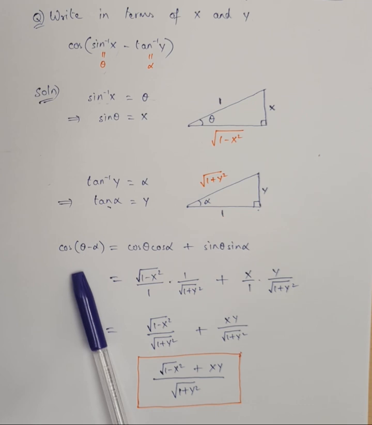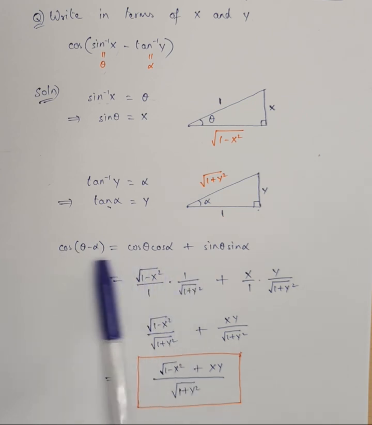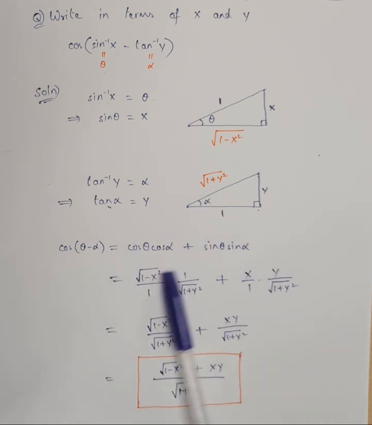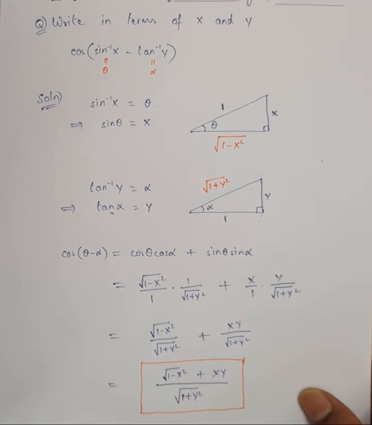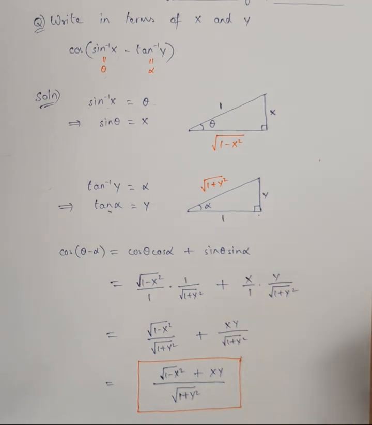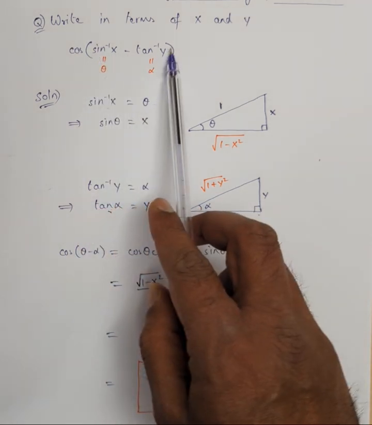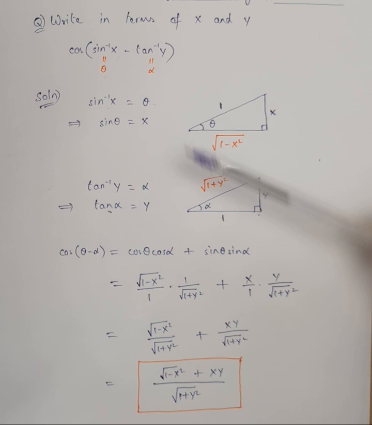And then it again involves this identity, cos of theta minus alpha, and then the rest of it is algebra. But that's how we would write this expression, cos of sine inverse x minus tan inverse y. It simplifies down to square root of 1 minus x square plus xy over square root of 1 plus y square.